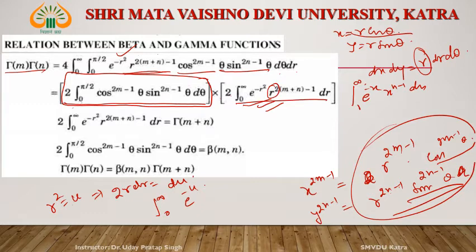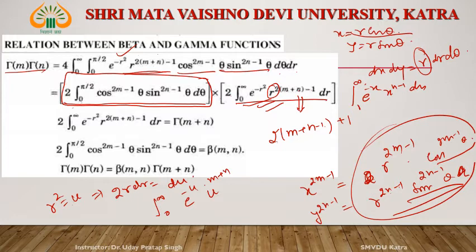So write it u to the power m plus n minus 1. So write r to the power 2 times m plus n minus 1, and minus 2 and plus 1.